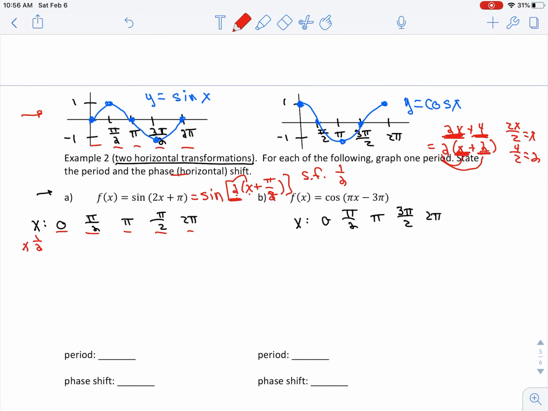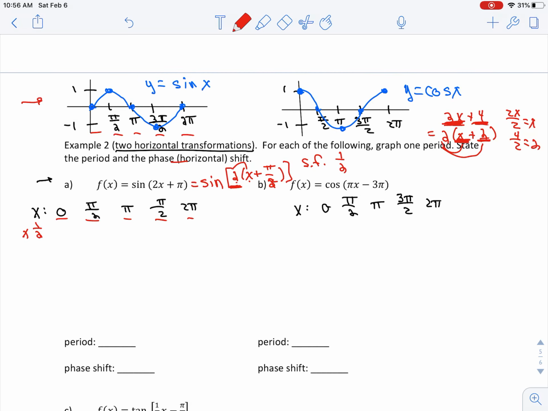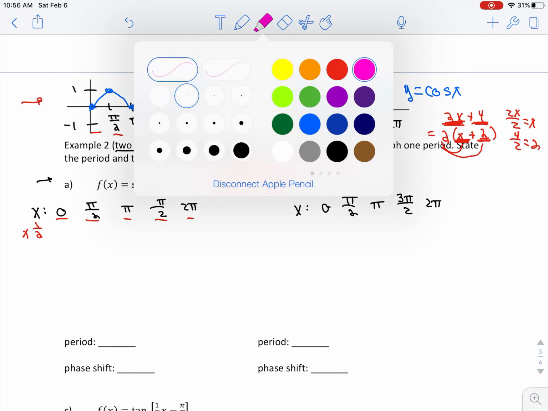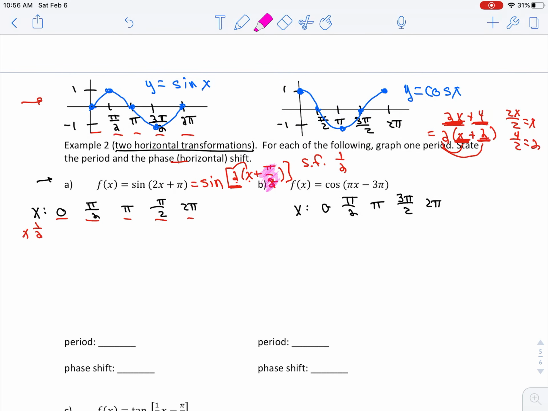That's where I'm getting those values. And then, now it says plus pi over 2. So I'm looking at this piece right here that says plus pi over 2. And because it's plus, remember with the inside, you always do the opposite. So we're going to subtract pi over 2.